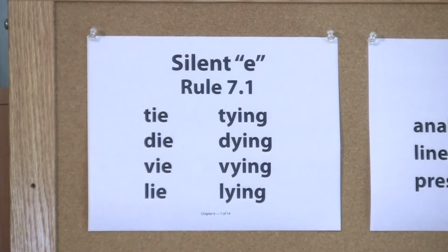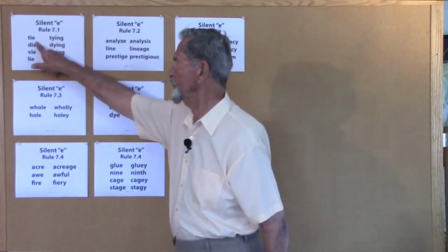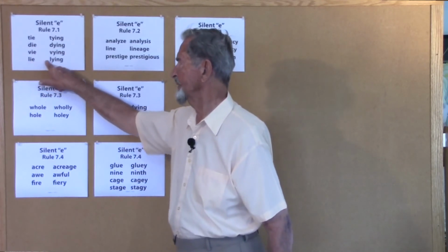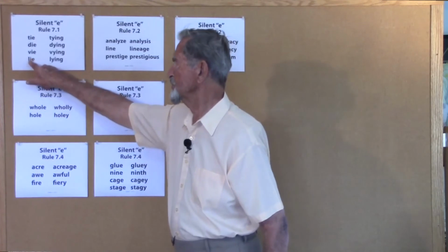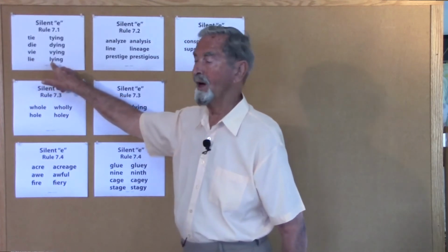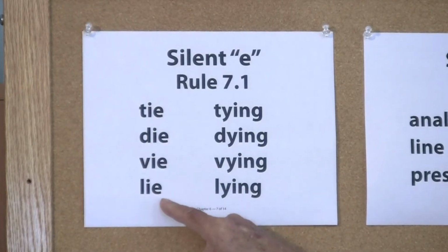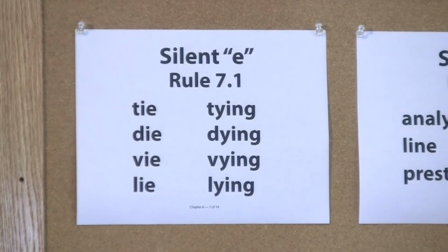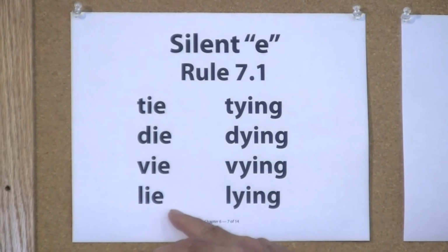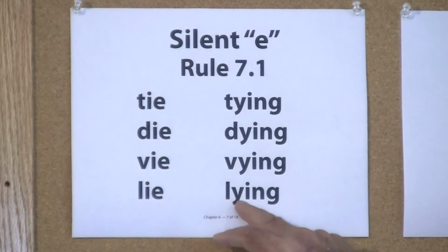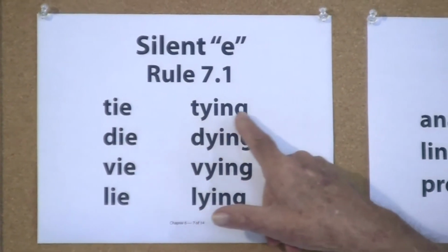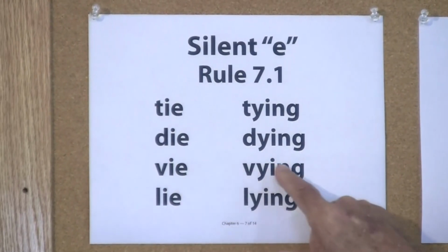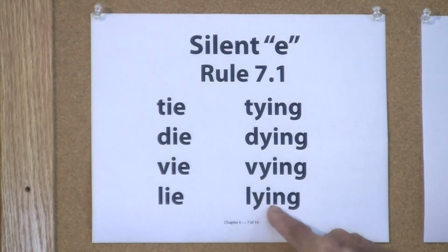Well, first you drop the E. But if you drop the E, you're going to end up with two I's together. So we change the first I to a Y. So lying, instead of having two I's, will be L-Y-I-N-G. Tie, tying, die, dying, vie, vying, lie, lying.